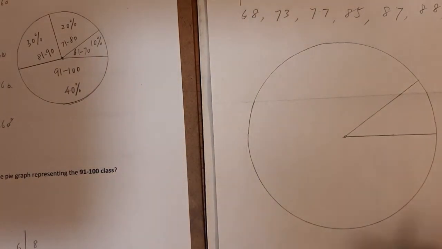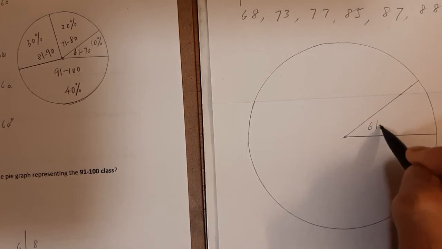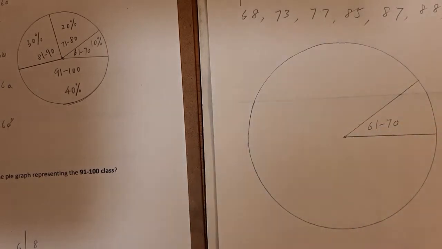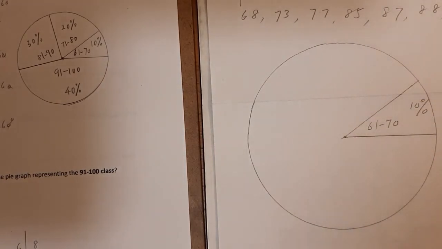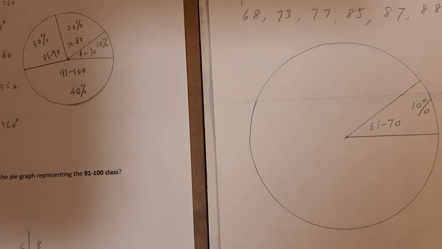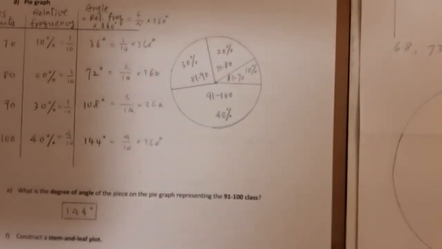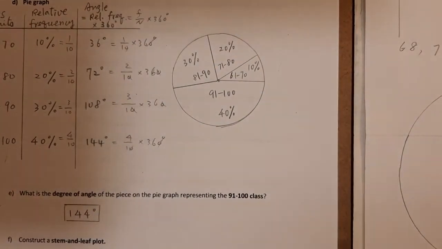Then you indicate that this one is the class 61 to 70. The relative frequency is 10%. Second class is 72 degrees.